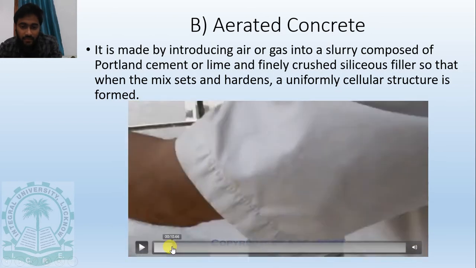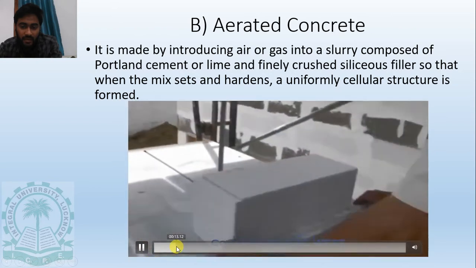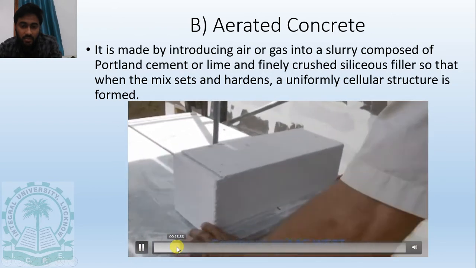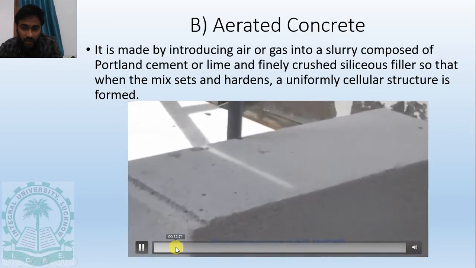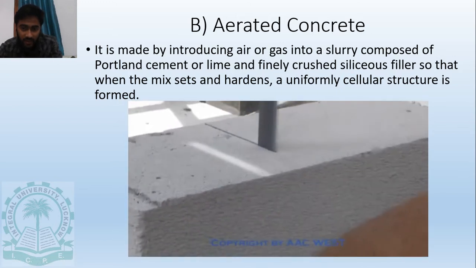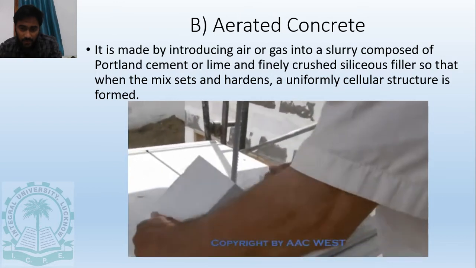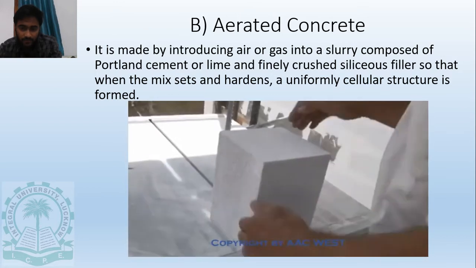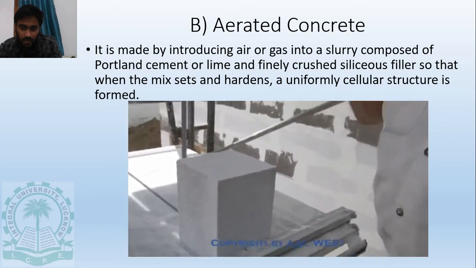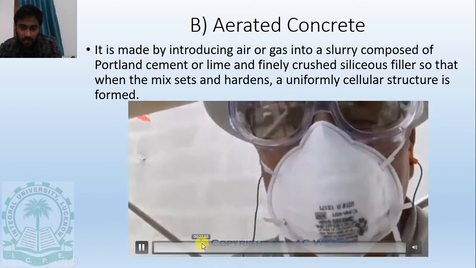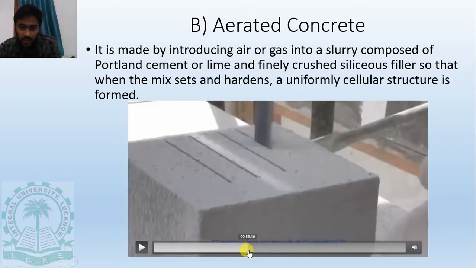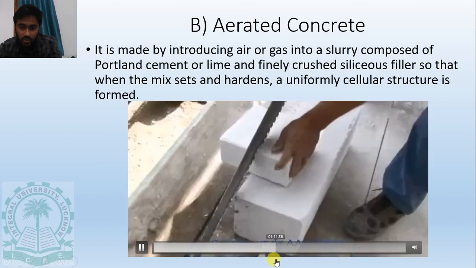So you can see the man using this machine to cut the concrete in desired shapes and forms. It is very lightweight and can be sawed. So it can be sawed using a saw also.